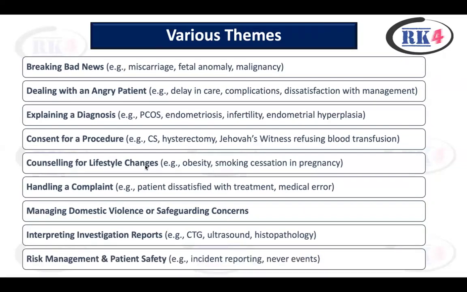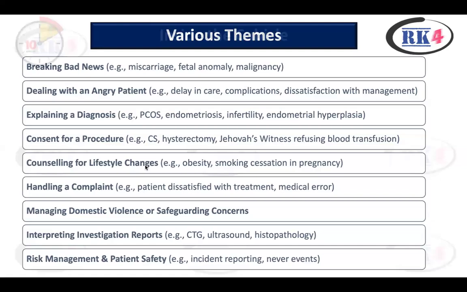Anything may occur. And risk management and patient safety issues, talking about incident reporting, never events, and so on and so forth, right? So these are the various themes, and you will be identifying these themes while you are outside the cubicle.